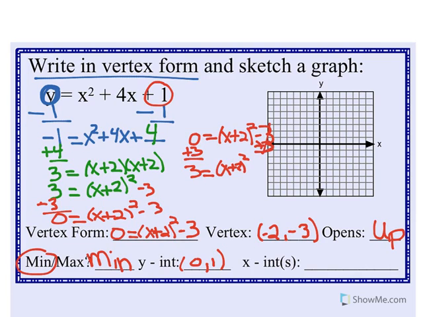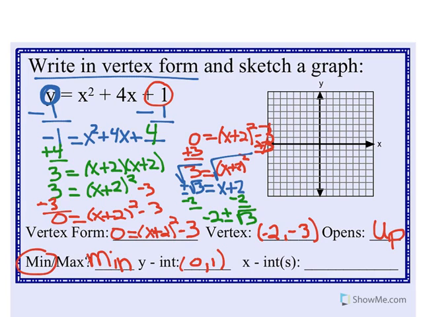The opposite of square is square root, so I'm going to take the square root of both sides. So now I have x plus 2 is equal to a positive or a negative radical 3. The only step left to get x by itself is to move this plus 2 over. So now I have negative 2 plus or minus the square root of 3.